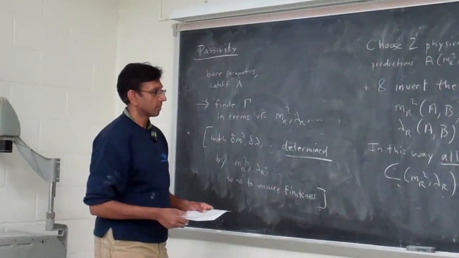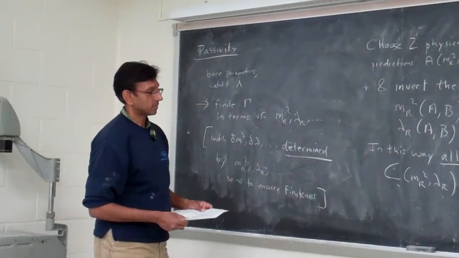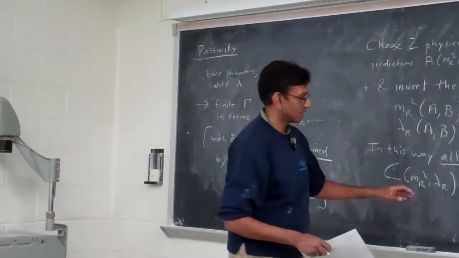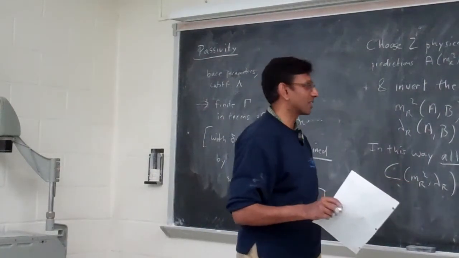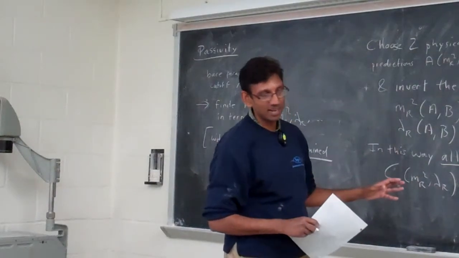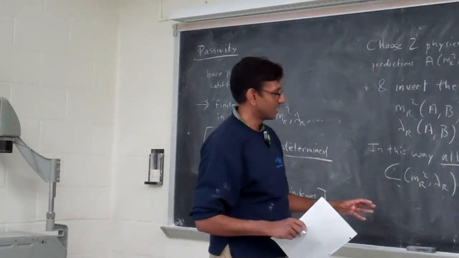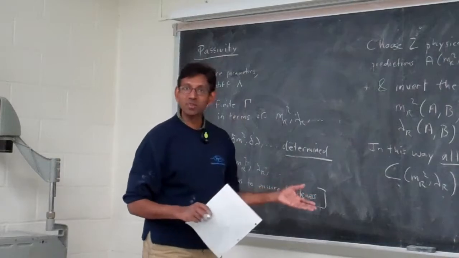Okay. But what this says is that this whole procedure of separating out into m_r squared, into the renormalized thing, the deltas, all of that, you've done away with it.